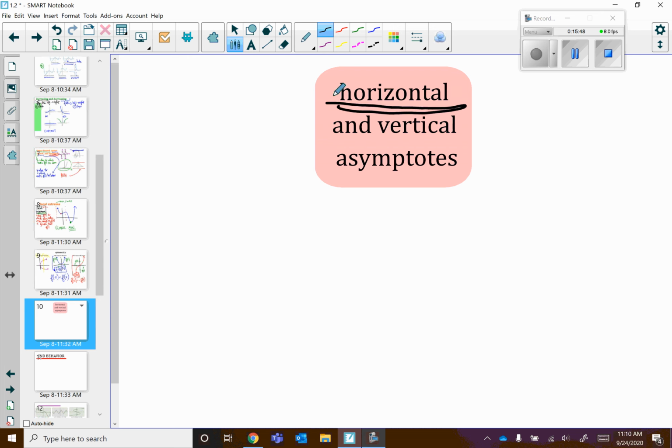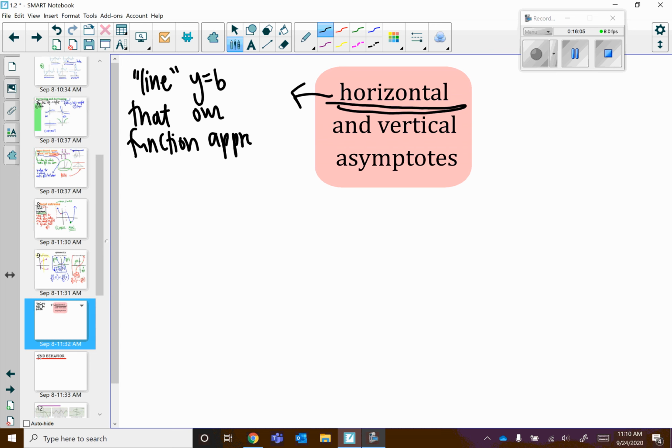So if we consider horizontal asymptotes, it is a line y equals b that our function approaches as x approaches or gets close to positive or negative infinity.